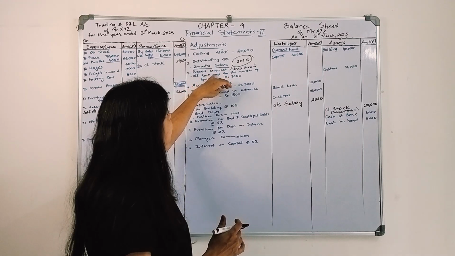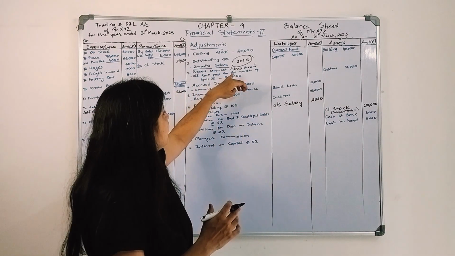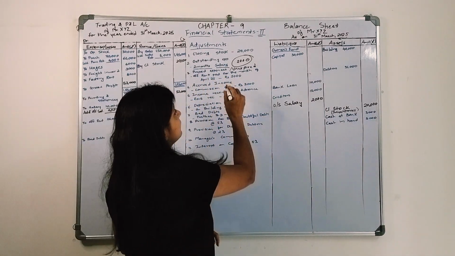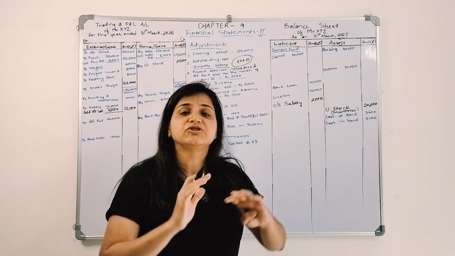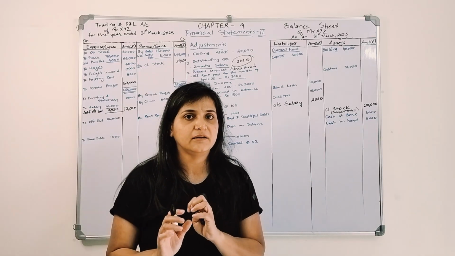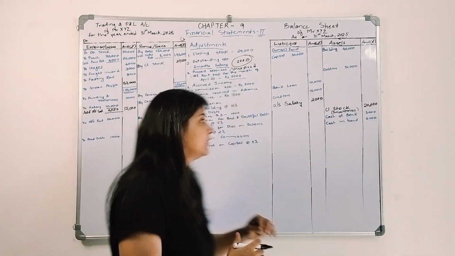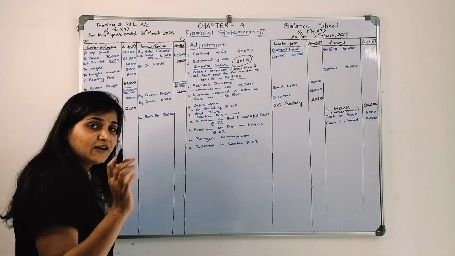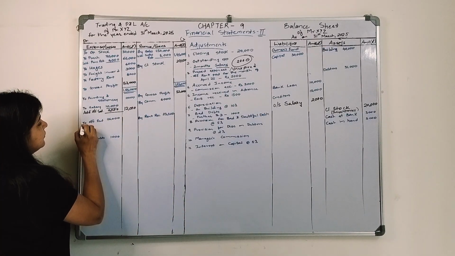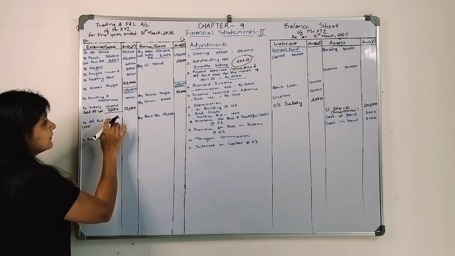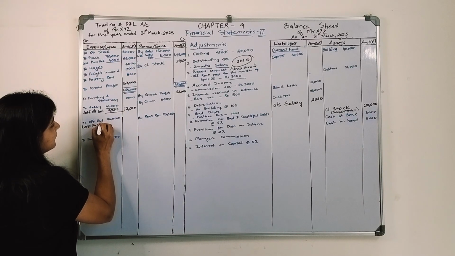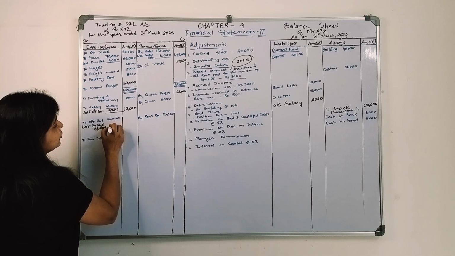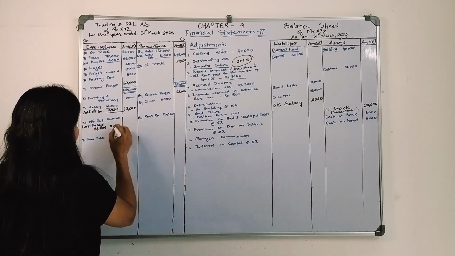Similarly, here I have taken prepaid expenses like office rent paid for the month of April 2025, 2,000. We have already paid 2,000. This is not a current year expense, so we need to deduct that particular expense. What is the office rent shown? 26,000. So we will deduct this prepaid office rent of 2,000.